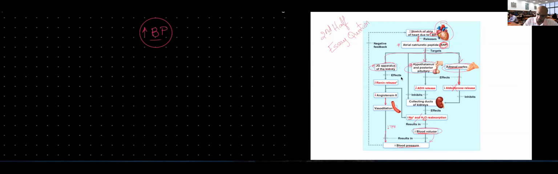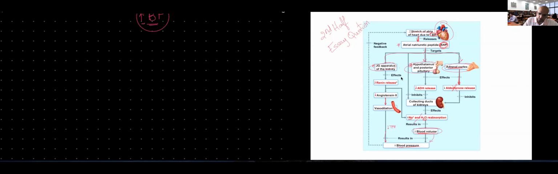So whenever I have an increase in my systemic blood pressure, this tells me that the heart will have trouble pumping the blood out. So the heart is the one who will be responding to this increased blood pressure in order to reduce it back to normal.